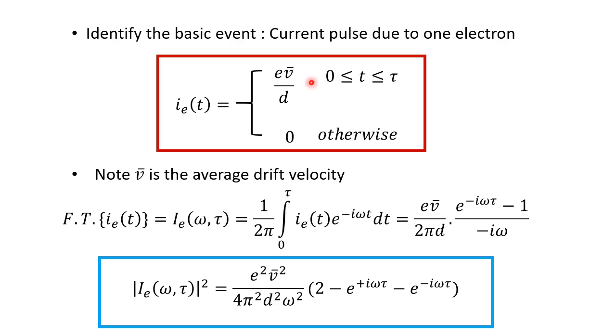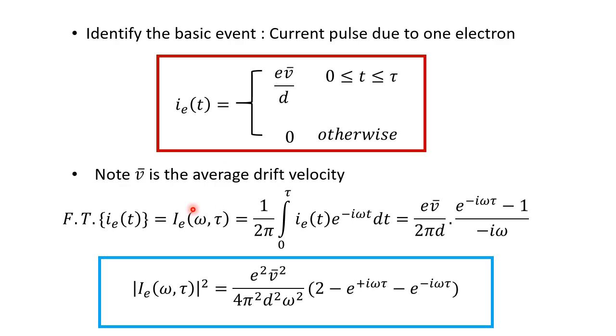V bar is my drift velocity, which is fixed because my external bias is fixed. So it is only tau that remains as my major parameter that I need to carefully average over.